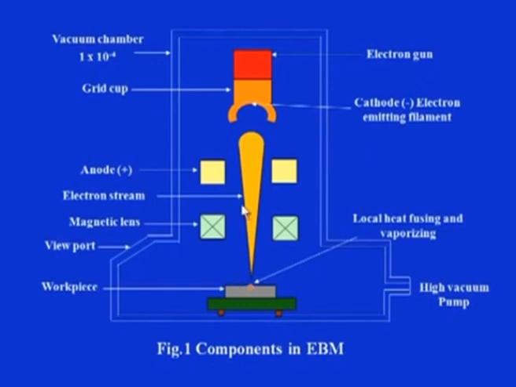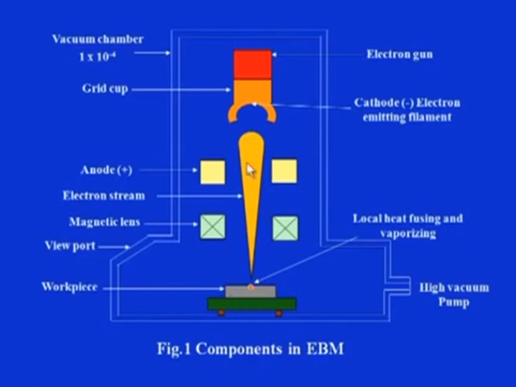So, this is the vacuum chamber we were talking about, and this is the cathode from which electrons will be emitted, and this beam of electrons will be accelerated towards the other end, in which the workpiece will be mounted.